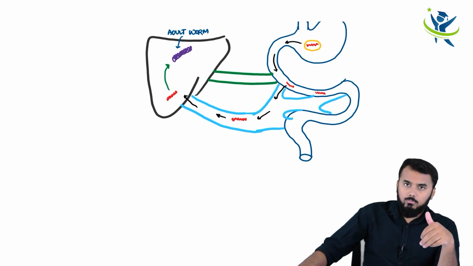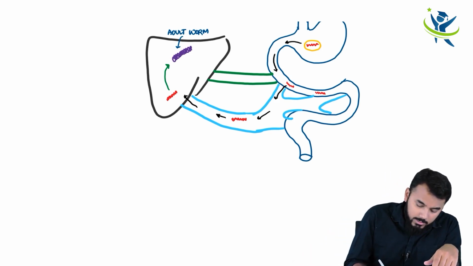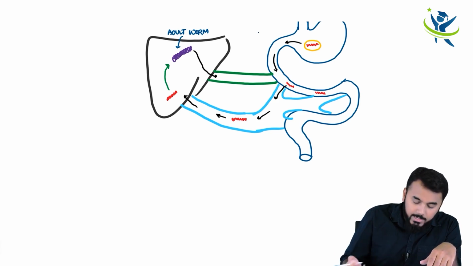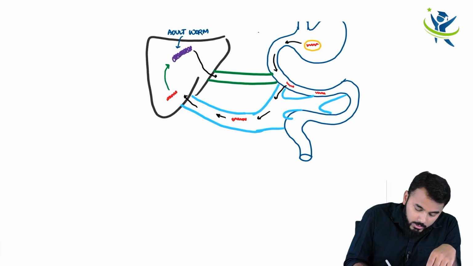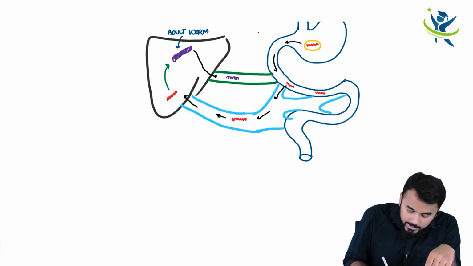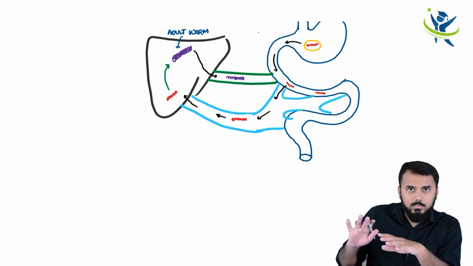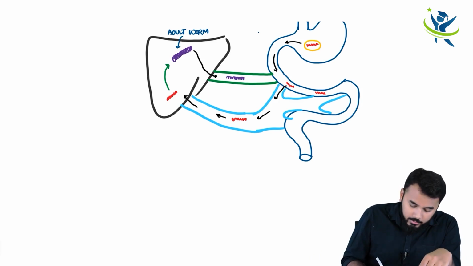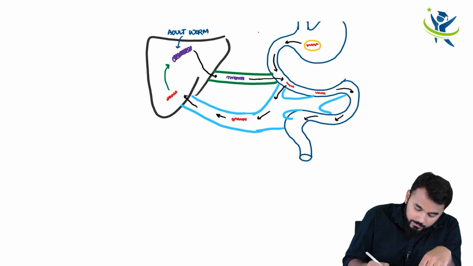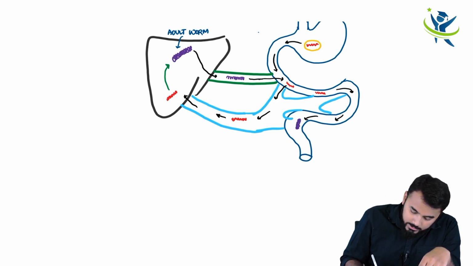Now what is going to happen to this adult worm is that it will enter into the biliary tract. Okay, so you can see the adult worm entering into the biliary tract. I'll write all these things aside in a minute. So from here, this adult worm now enters all the way into your intestine like this. So this adult worm is descending down into the intestine.